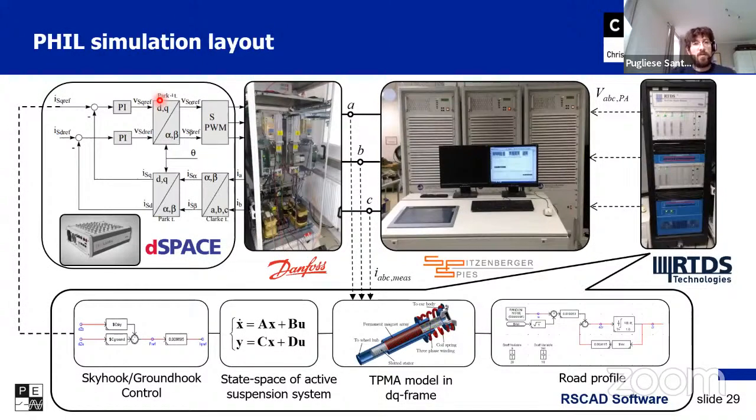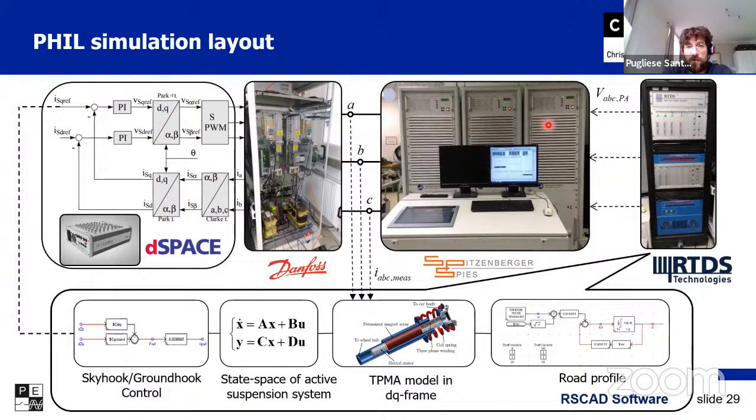So how is the closed-loop power hardware-in-the-loop simulation? I already mentioned this one. We have our device under test, which is the converter with its control. It's a four-quadrant converter with a displacement controller, which is generating a voltage and so producing a current.